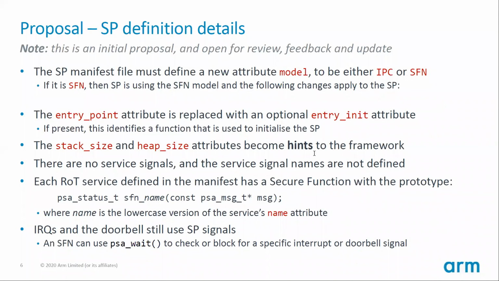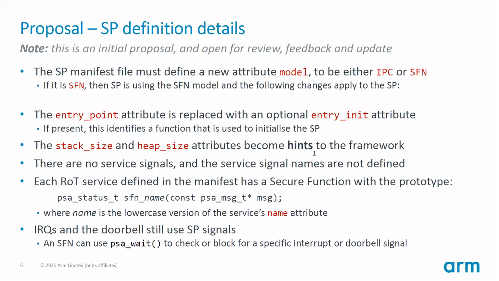Otherwise, I will carry on and talk a bit about how that appears in the secure partition manifest. We're going to add an attribute, which we're currently going to call model, to the secure partition, at the top level, and the model has to be either IPC or SFN. Because at the manifest file level, you have to declare that this is a version 1.1 manifest file.